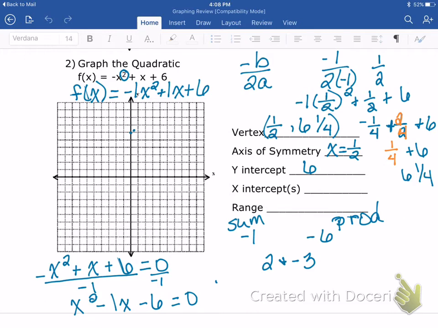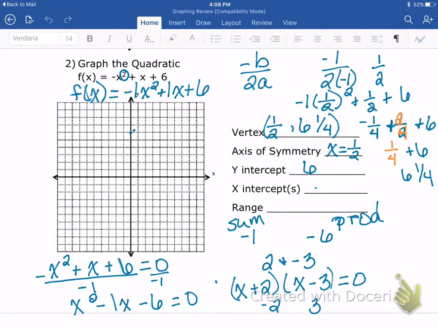When I multiply those two together, I get negative 6. And that's what I'm looking for. So when I factor x squared minus 1x minus 6, I will get x plus 2 times x minus 3. And that is set equal to 0. So if these are my factors, my intercepts are negative 2 and positive 3.